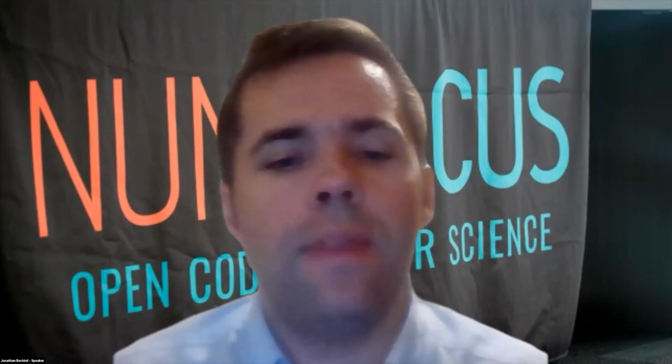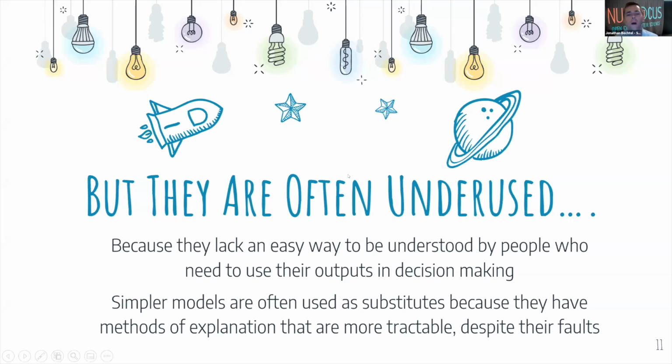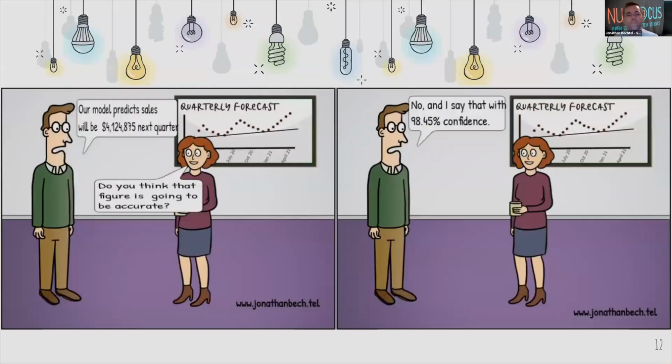So for me, I think a slide here, or a comic, actually captures the sentiment pretty well. Sometimes you're using a model which is not particularly powerful for capturing the patterns inside your data, but it does allow you to talk about your results with a certain level of precision, even if those results themselves aren't particularly good, okay?